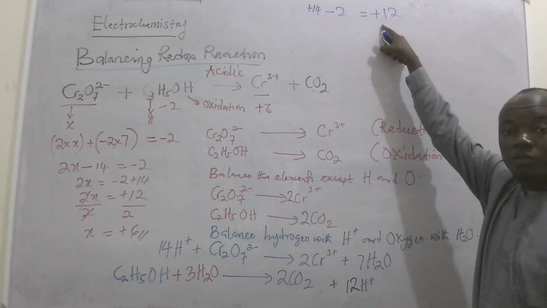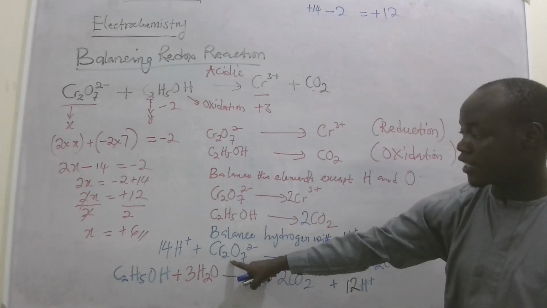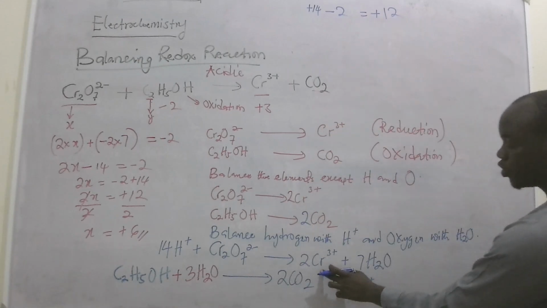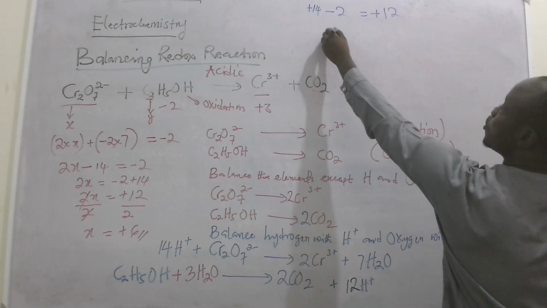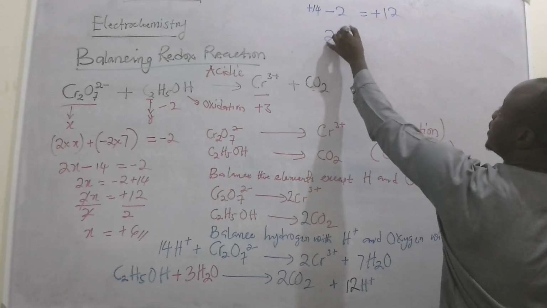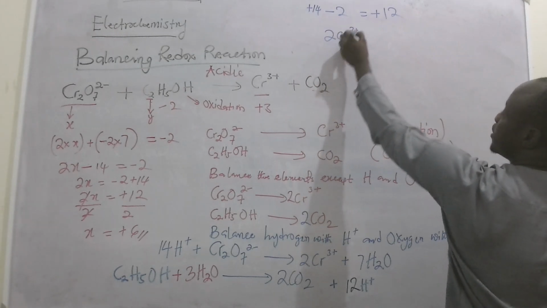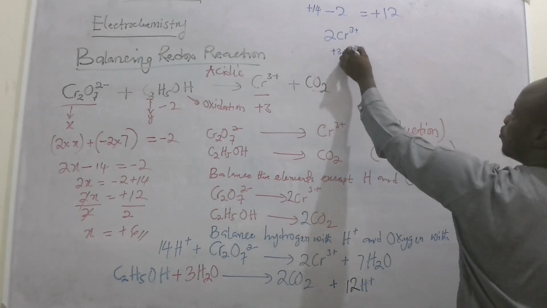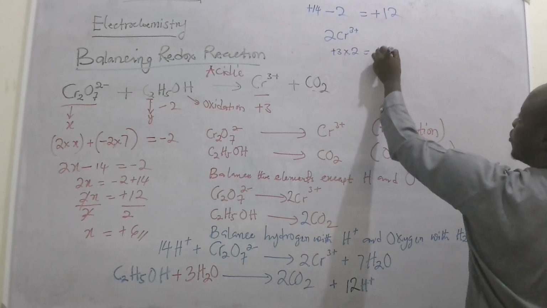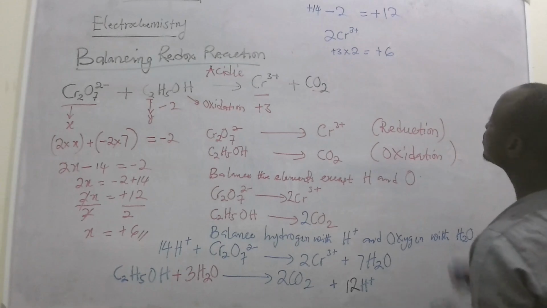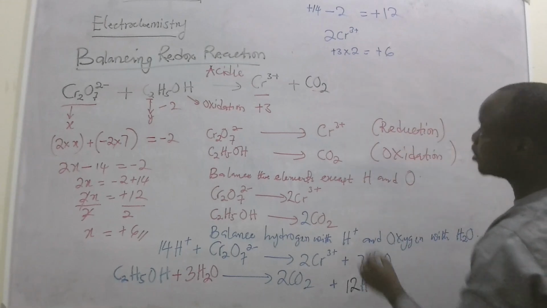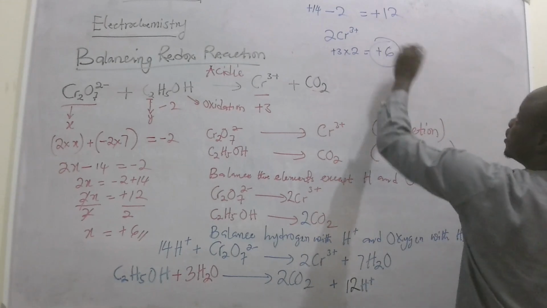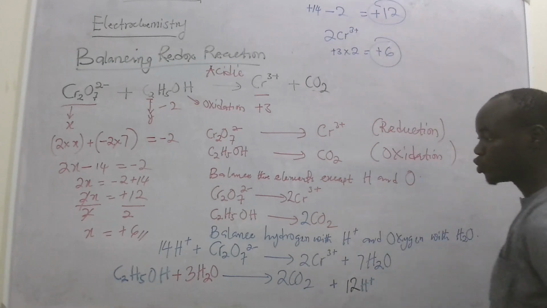So we have 12 electrons in the reactant, while in the product here we have chromium 3 plus. Of course, the charge here is plus 3, then we multiply it times 2, so we have plus 6. So the number of electrons in the product is plus 6 and in the reactant we have plus 12.